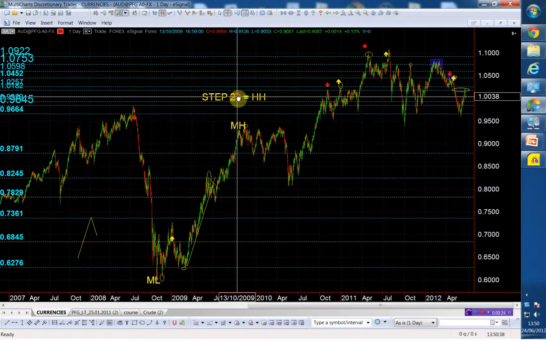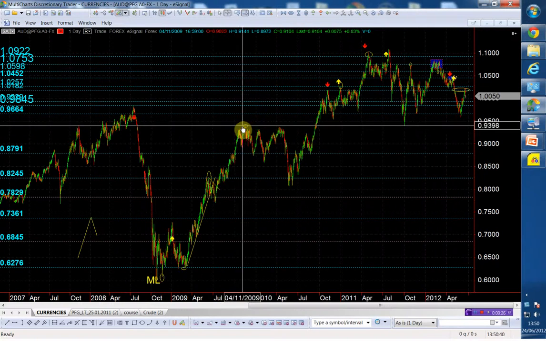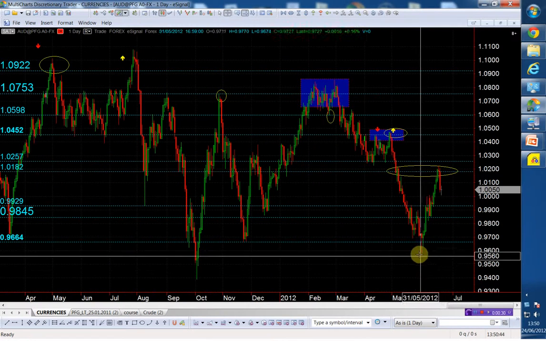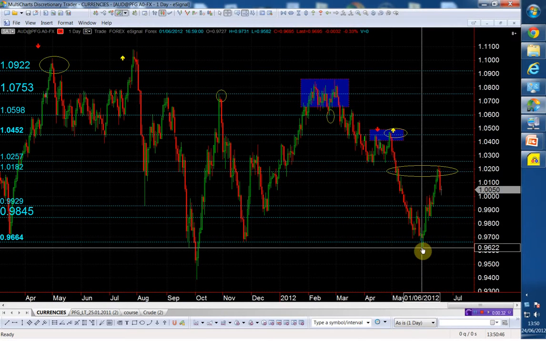Now, right here, the Aussie has been respecting. It's one of the best currencies, specifically because it is one of the currencies that pays interest.